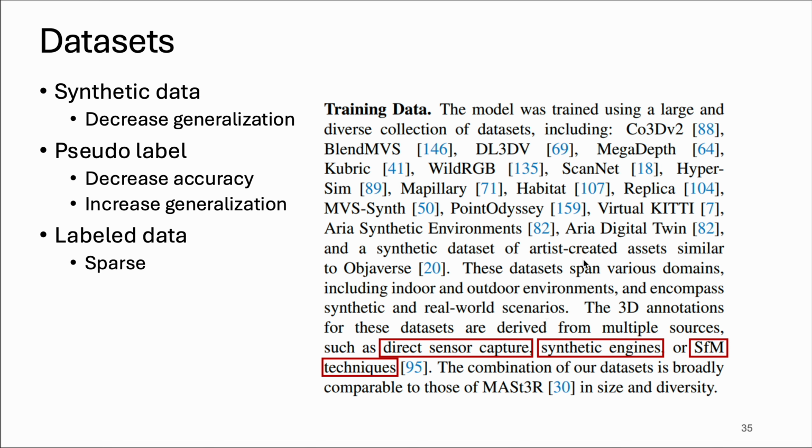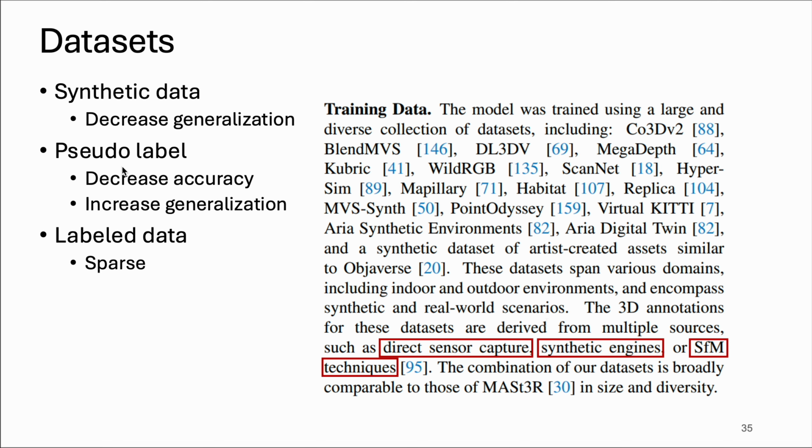The ground truth contains camera parameters, ground truth depth map, ground truth 3D coordinates, and the ground truth point correspondence. There is a huge amount of work involved in this simple 15 lines of description.